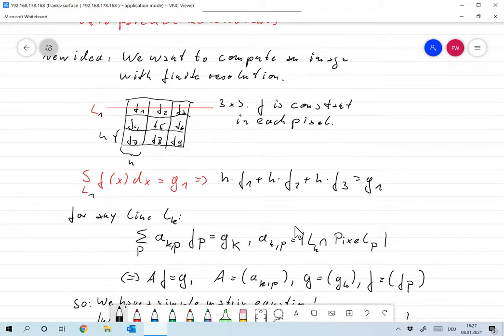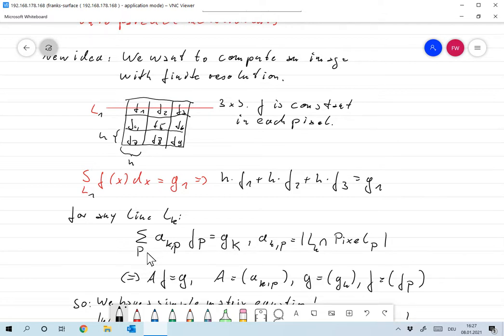Okay, but we can do that for any line, right? So we would assume that the sum of the contributions of each pixel to the line integral, times the value of the picture in that pixel f_p, should sum up to the measurement that we had.